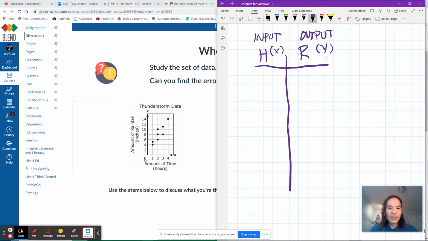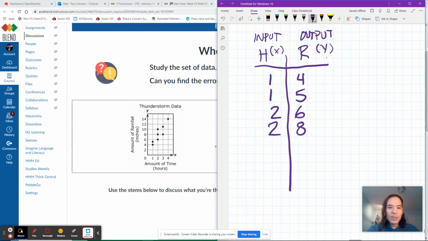Let's go ahead and locate all these points. Our first one, we run 1, we jump 4. So that's an input of 1, an output of 4. Our next point, we ran 1, we jumped 5. The next one, we ran 2, we jumped 6. The next one, we ran 2, we jumped 8.